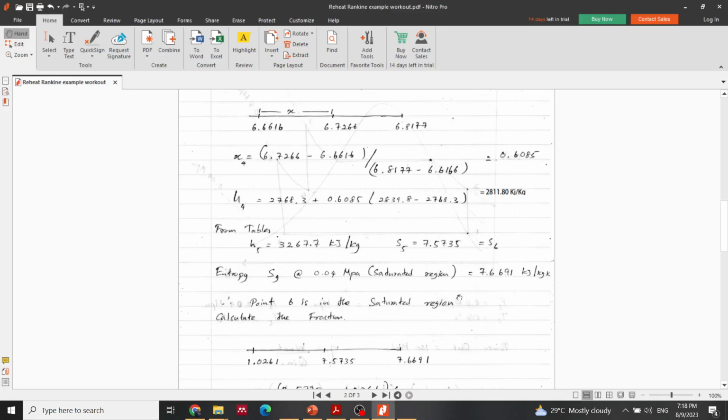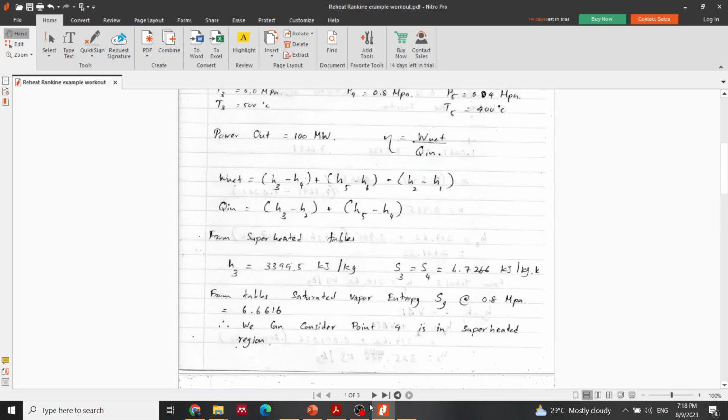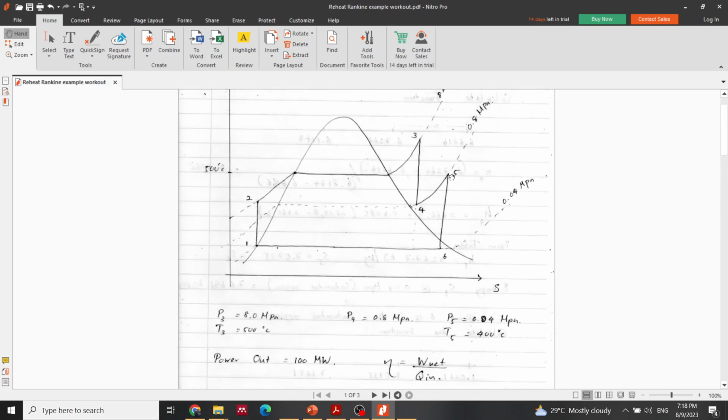This is what we get, enthalpy h5, and s5 entropy can be extracted from the table. At the same time s5 equals s6, because in isentropic expansion there is no entropy change. So we are okay with this one.